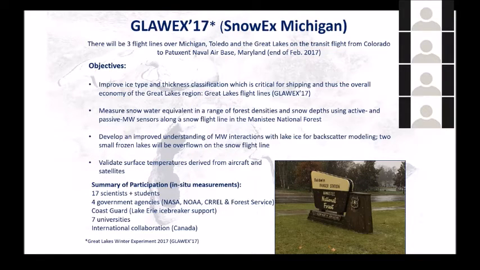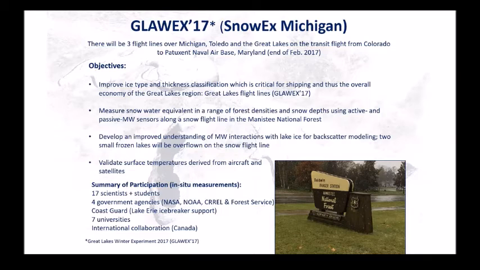So there are algorithms developed by NASA and by NOAA to figure out how to map the different ice types so that the icebreakers and ships know how to travel safely through the Great Lakes in winter when there's ice there. So that's one of the objectives of the GLAWEX mission.